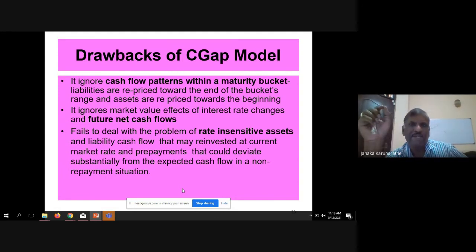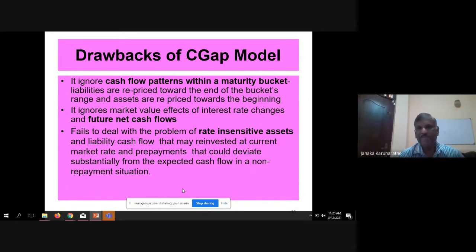For example, let's say over a 1 year period, you have rate sensitive assets maturing of 100 million and liabilities maturing of 120 million. So if you look at the overall gap, it is negative 20 over the 1 year period.